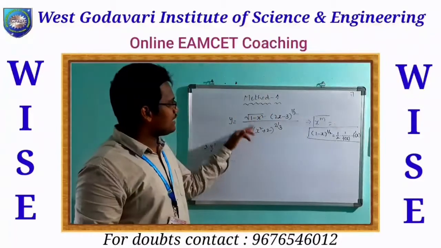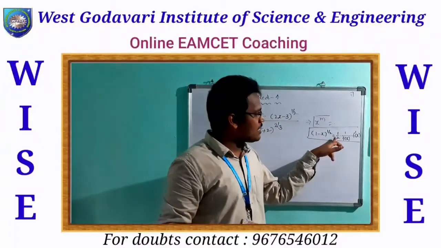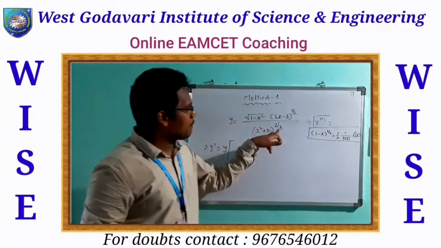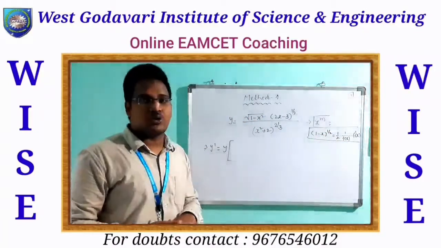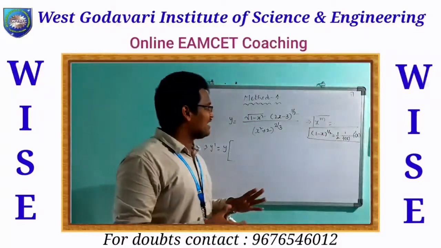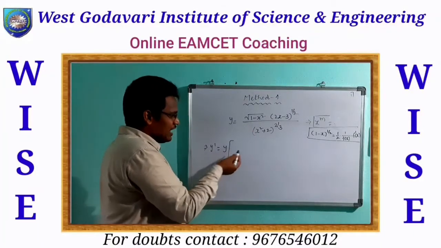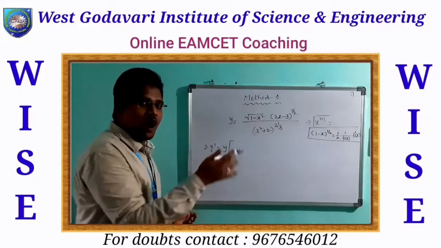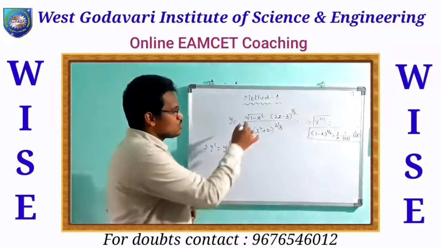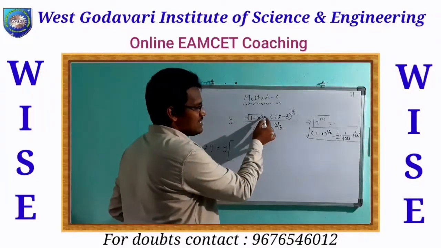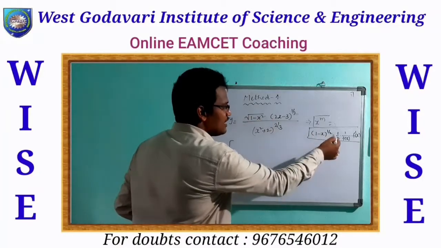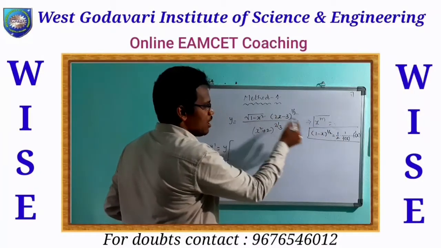So for the numerator, the power value coefficient is plus. For the denominator, the power value becomes negative. So let us see very clearly. y dash is equal to y into, which is common for each and every problem. The first term is (1 minus x square) whole to the power of 1 by 2, so the power value of this term is 1 by 2.